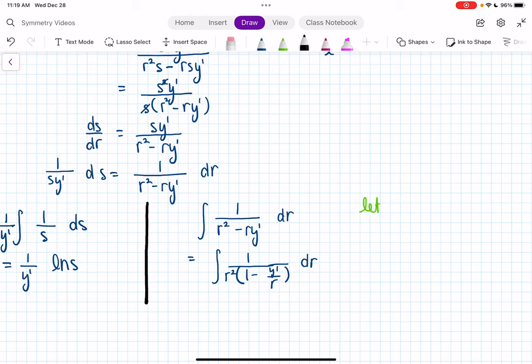I'm going to use substitution. I'm going to let u equal 1 minus y prime over r.